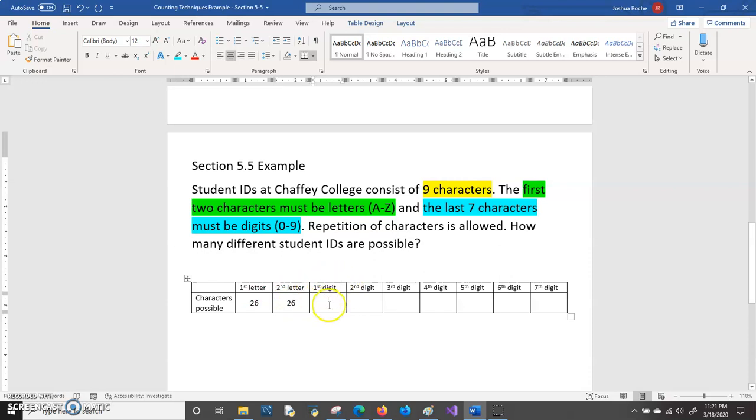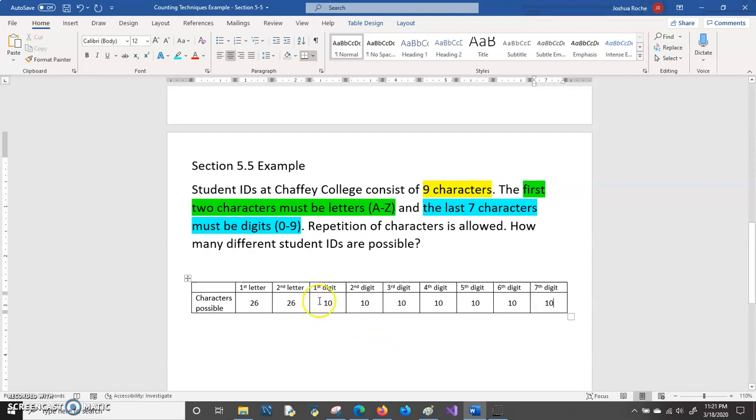When they choose the first digit, there are 10 possible choices, 0 to 9, that's 10 digits. On the second digit, there are also still 10 more choices, 0 to 9. 10 more choices for the third digit, 10 for the fourth, 10 for the fifth, 10 for the sixth, and 10 more choices for the seventh digit.